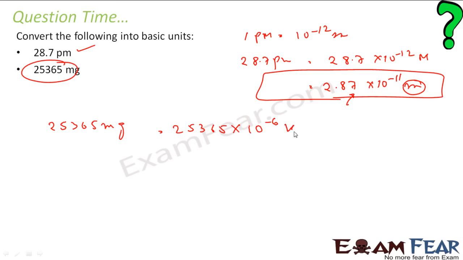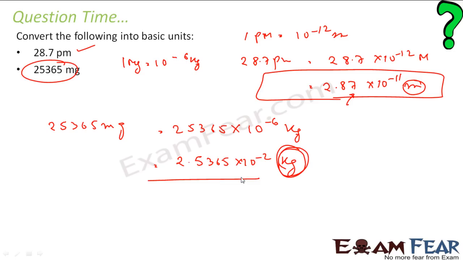Because 1 mg is 10 to the power minus 6 kg, because from mg you get gram, from gram you get kilogram. Correct? This is nothing but 2.5365 into 10 to the power minus 2 kg. So if you see, this is my standard unit, kg, and that is my answer. Correct?